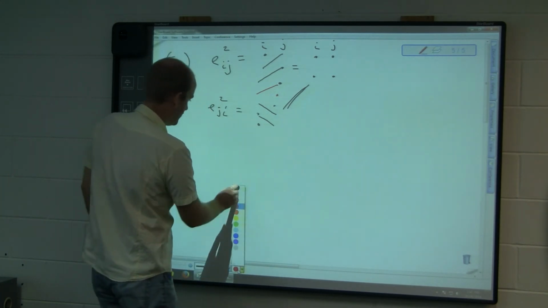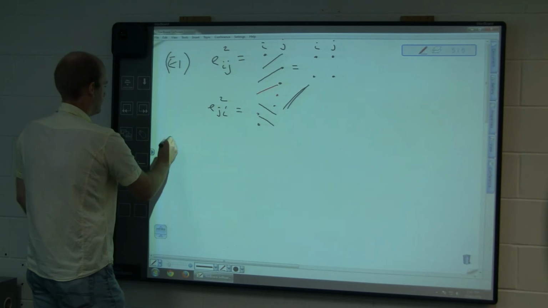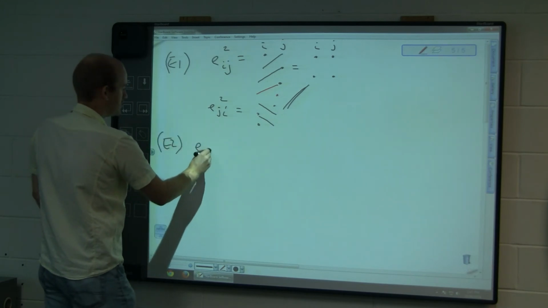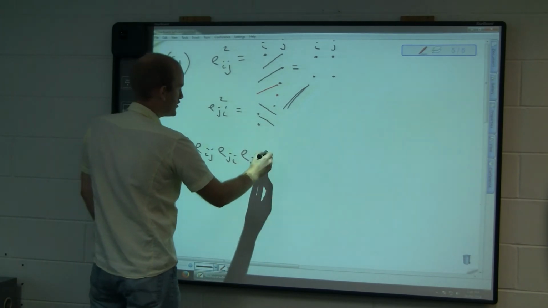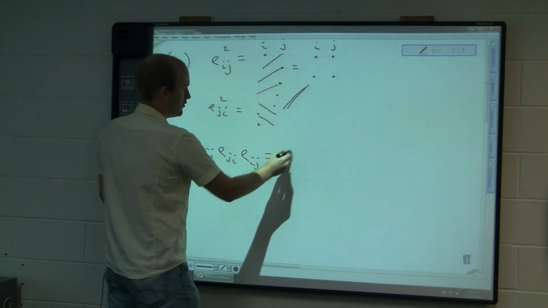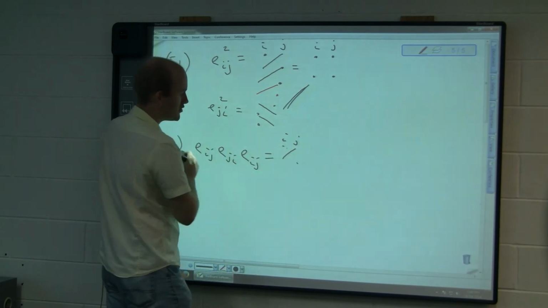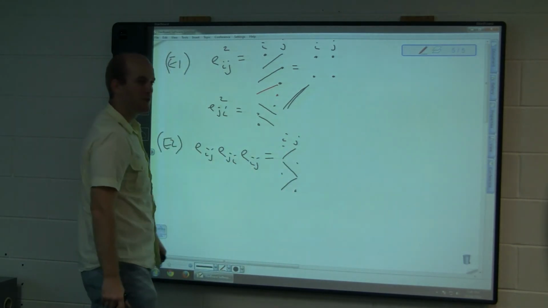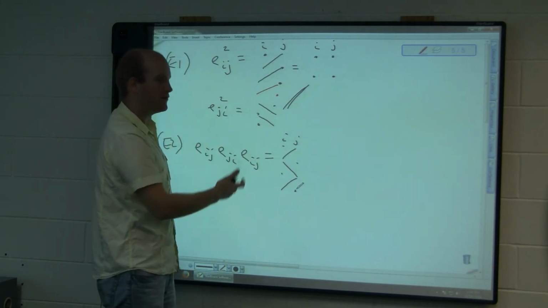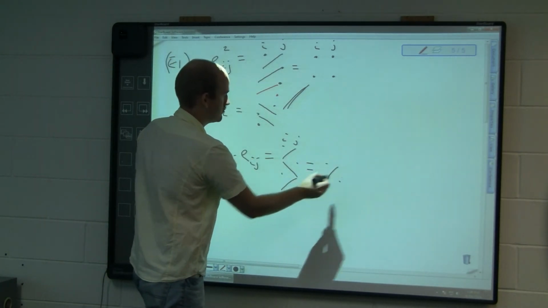The next equation says that, imagine if I do E_ij, E_ji, then E_ij. And that means I go ij, ji, ij. So the line just wiggles to the left, right, left, which is just the same as that.